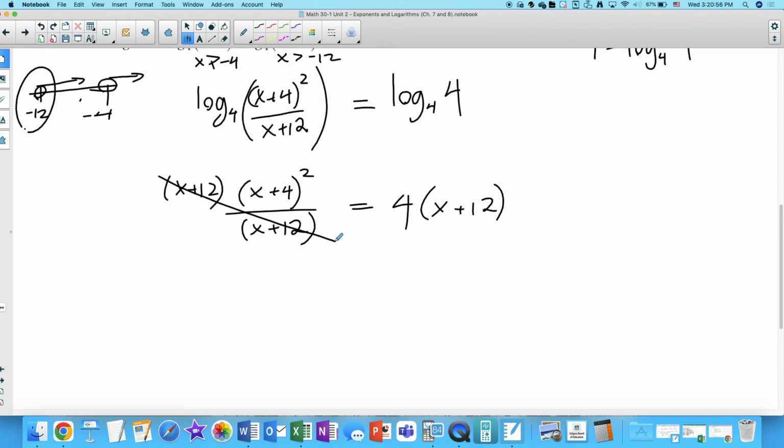So x plus 4 squared. Are you guys okay with that? Because x plus 4 squared is x plus 4 times x plus 4. So x times x is x squared, x times 4 is 4x, plus another 4x plus 16. Okay? And then on the right side, we have 4x plus 48.